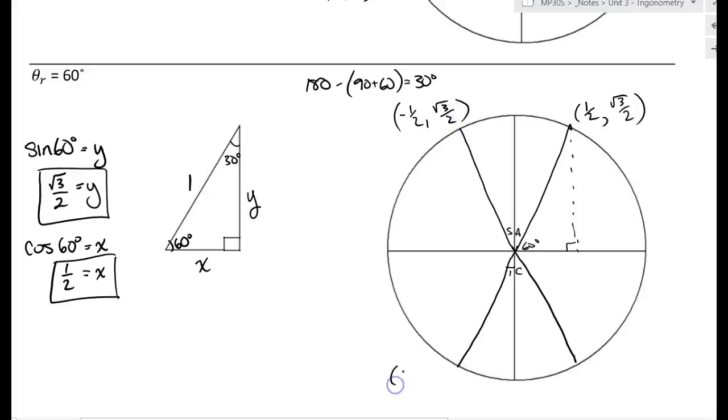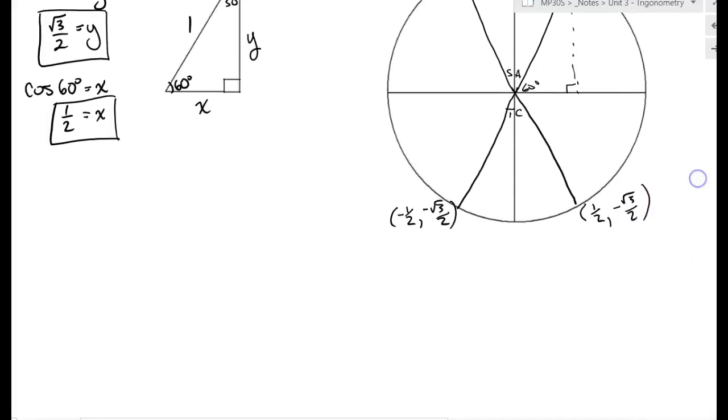Here we're looking at negative 1/2 and negative root 3 over 2. And finally, in quadrant 4, positive cosine, so that's 1/2 and negative root 3 over 2.